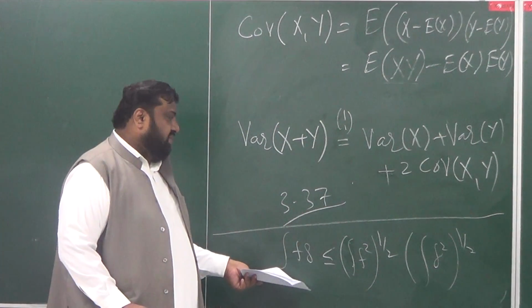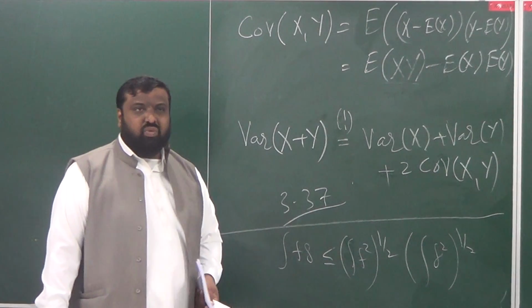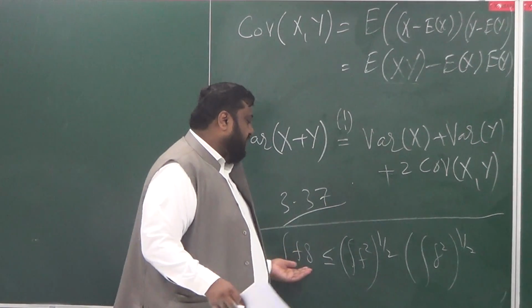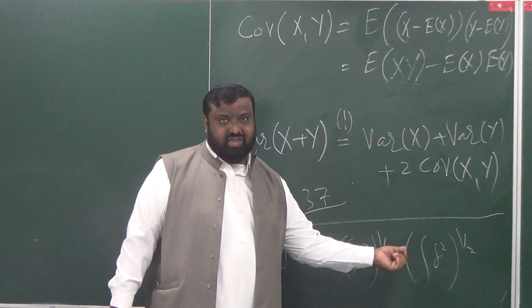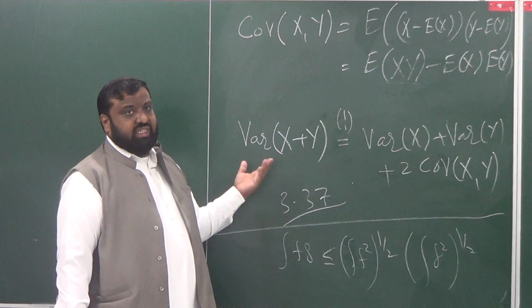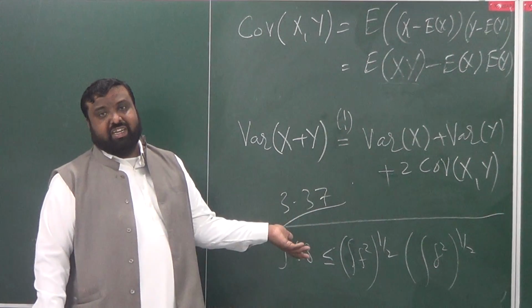So I can also treat this as the inner product being less than or equal to the norm times the norm. How about in the case of the expectation? Expectation is also a kind of an integral.